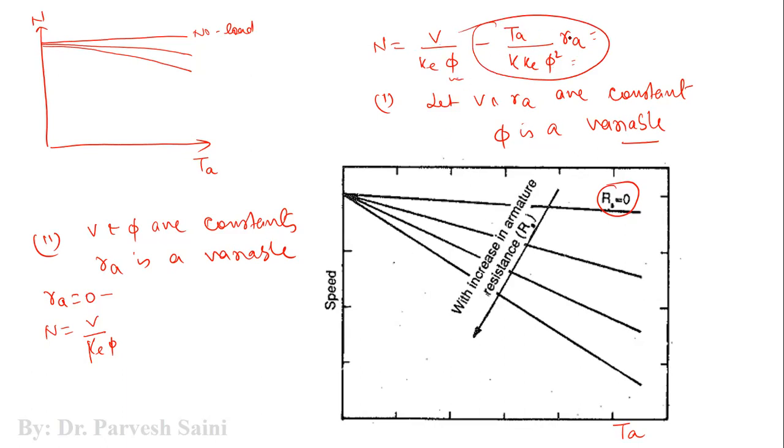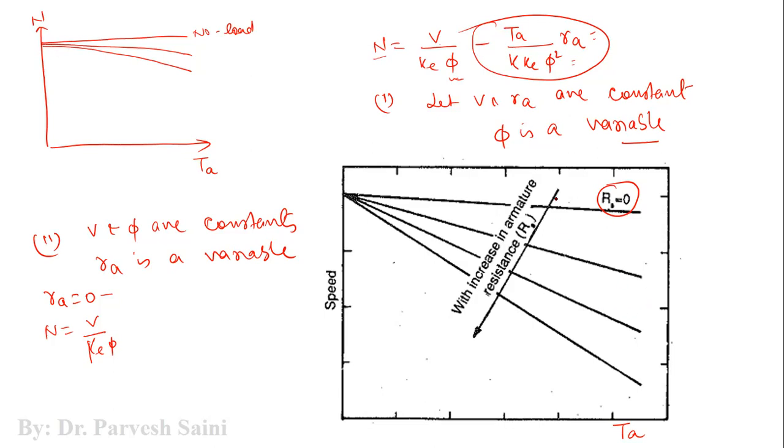So if we increase Ra, this negative part increases, and N and Ta will have an inverse relationship with each other.